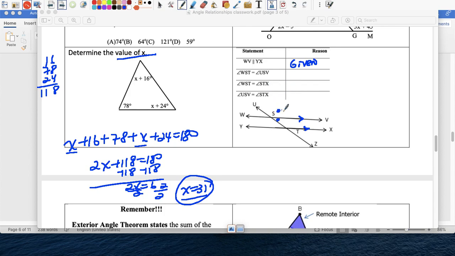And then WST, which is, oh, sorry, I made it wrong. WST is actually this one, right? So that's what this one is saying. And they're equal to each other because they're vertical angles.